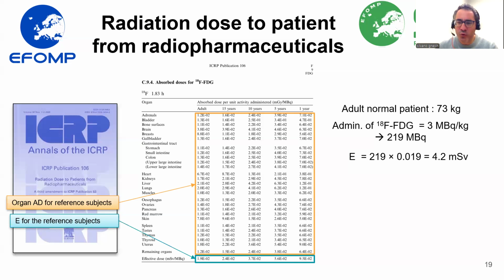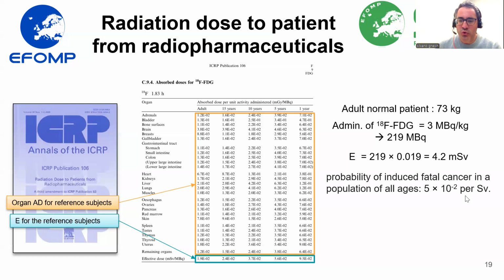And you can see here for the adult patient, you have 19 microsievert per megabecquerel, and then you multiply this number by the megabecquerels that are administered, and you obtain an estimated effective dose for the reference adult human subject of 4.2 millisievert.